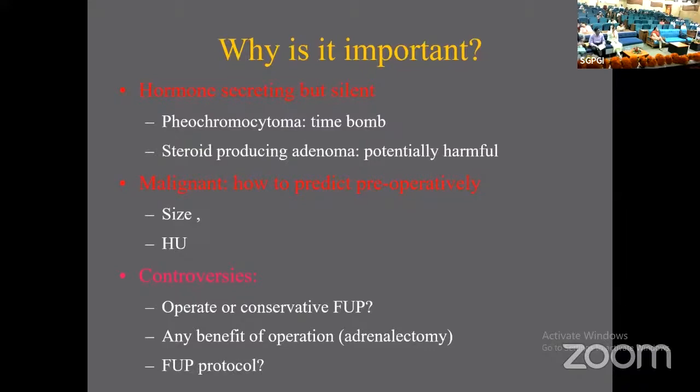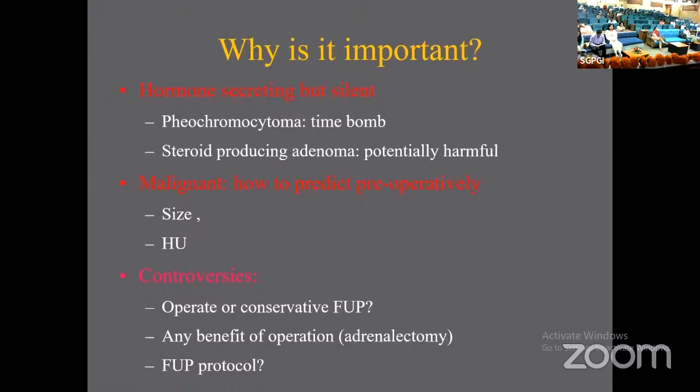Similarly, a steroid-producing adenoma can be potentially harmful, even though there are no symptoms overtly present in the patient. Another important concern is that they may be harboring malignancy, and it is very difficult to predict whether a particular lesion is going to be malignant. Though size and Hounsfield unit are the criteria which help the clinician to predict malignancy to a certain extent, and I will come to this later in my talk.